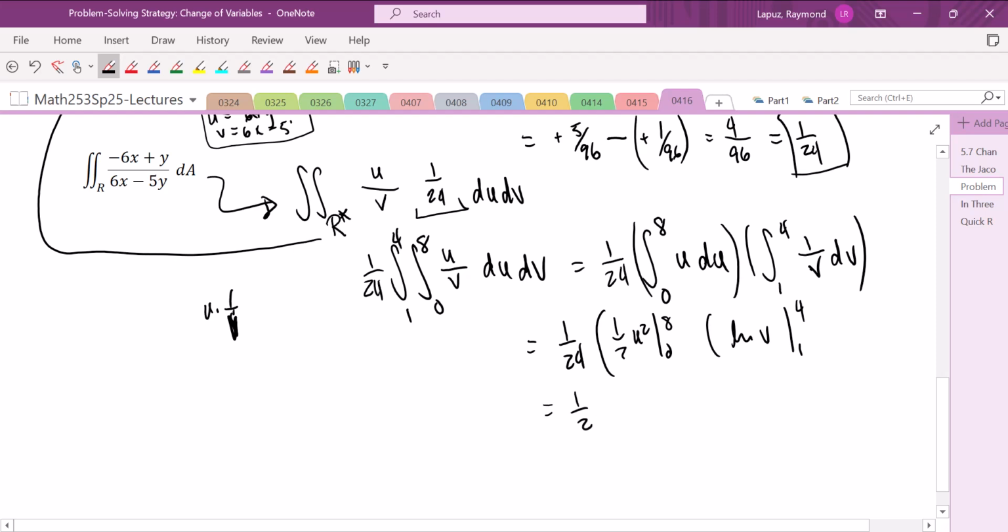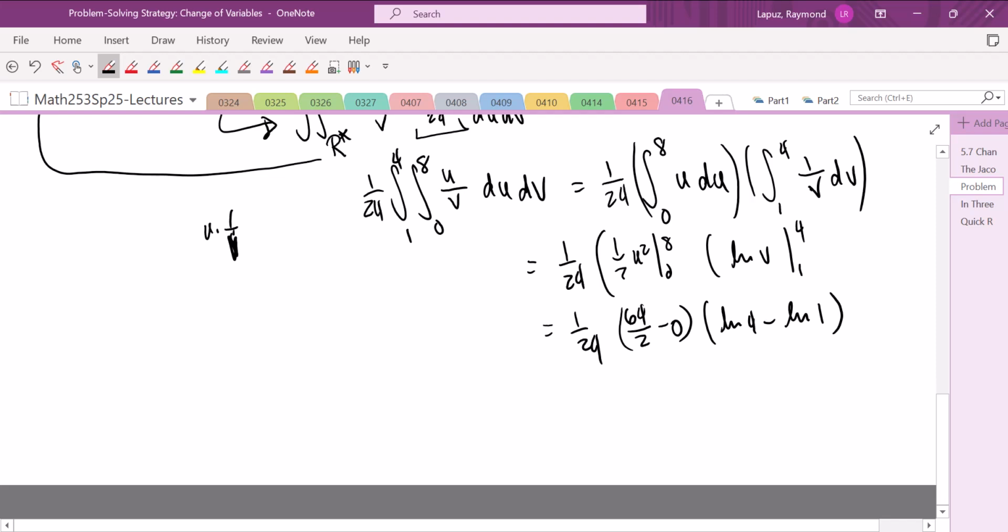So 1 over 24, 8 squared is 64, 64 over 2, and then this is ln of 4 minus ln of 1, ln of 1 is 0. 64 over 2 is 32, so this is 32 over 24, ln of 4.